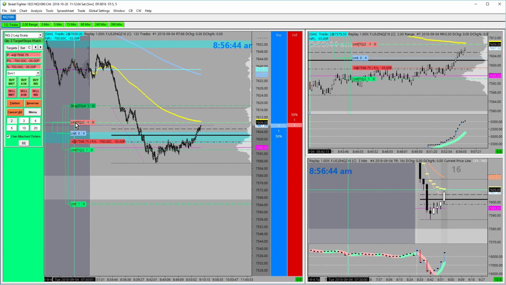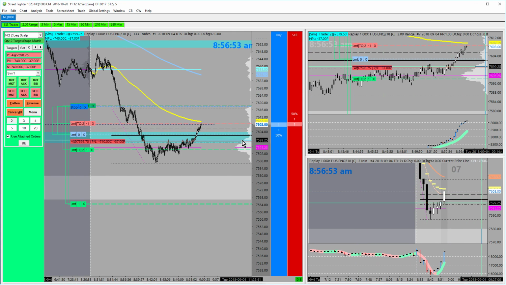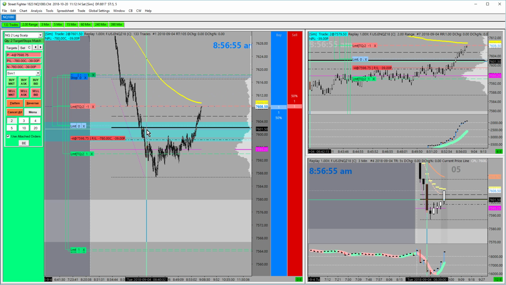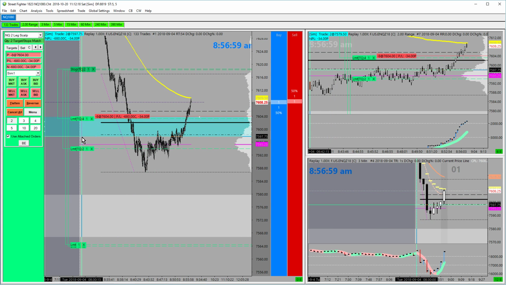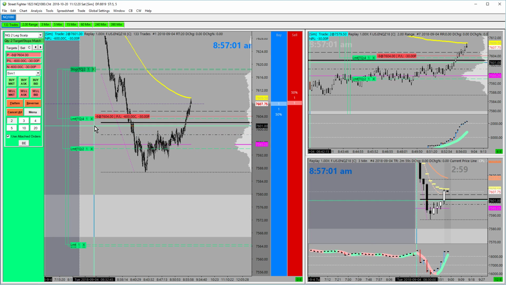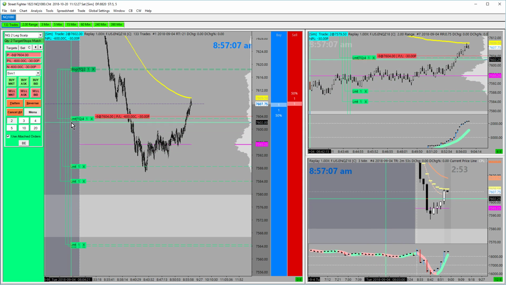Come on, get up there. Almost doesn't count. So I need that fill. There we go. So I'm in. That's it. This is the make or break trade. If this does not work, then this day is over. Nada.